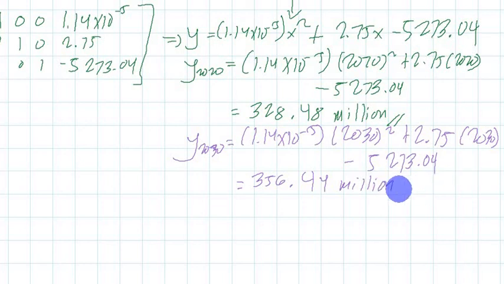So these are the predicted values if we're going to use the model that we built to figure out the population of the US in 2020 and 2030, an application of polynomial curve fitting.